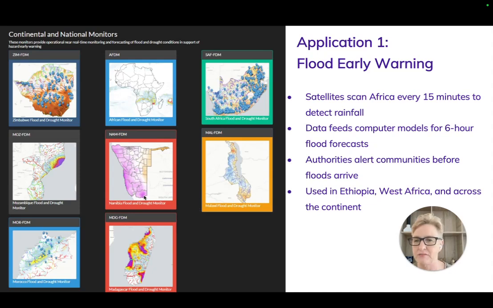We have Namibia and Zimbabwe and Malawi and Madagascar and South Africa. And then there's an Africa-wide analysis that is conducted by the African Union. So authorities alert communities before the floods arrive, and especially in Ethiopia, West Africa, as well as across the continent.